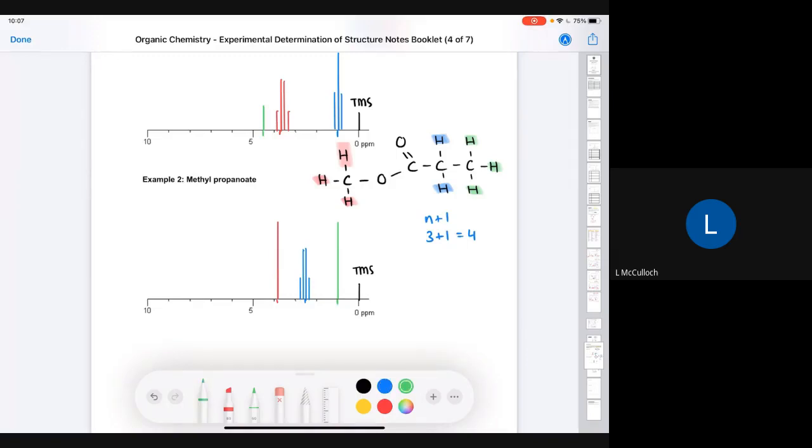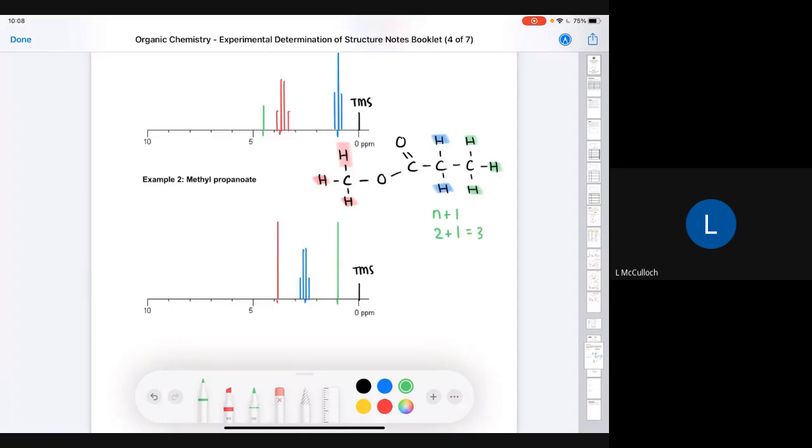And then finally, we will have our green hydrogens. So looking at the carbon next to the one the green hydrogens are bonded to, which is this one here, we can see there are 1, 2 hydrogens attached to that carbon. So when we apply the N+1 rule, that's going to be 2 + 1, 2 for the number of hydrogens on the neighbouring carbon, and then that's going to give us 3 in total.